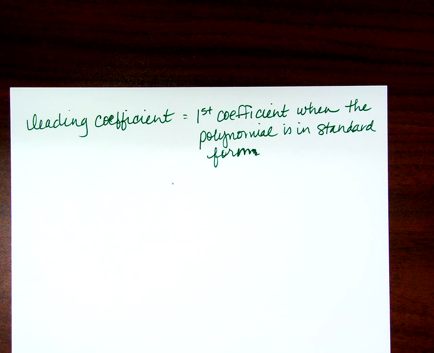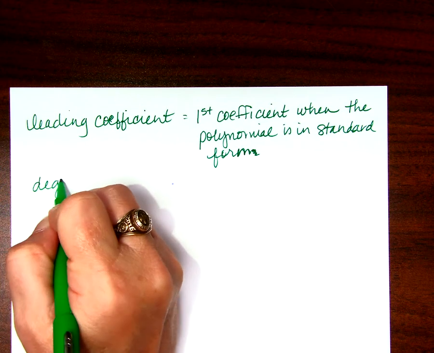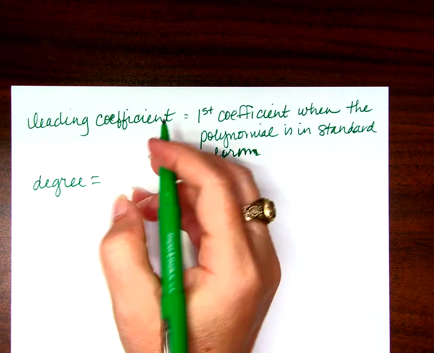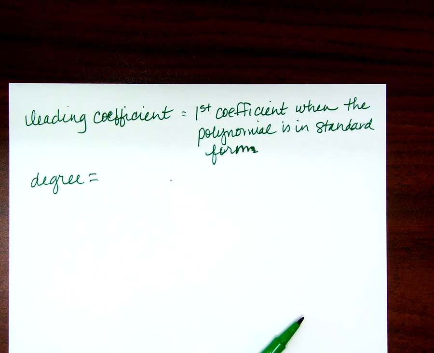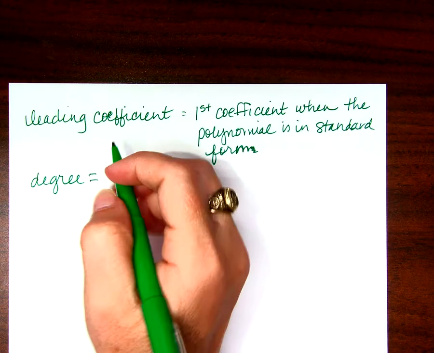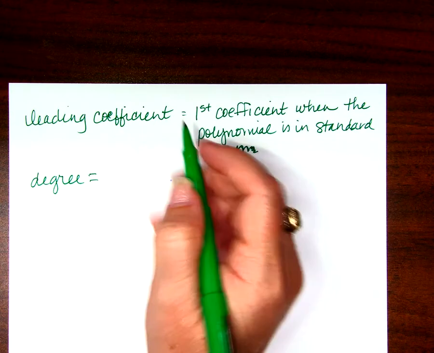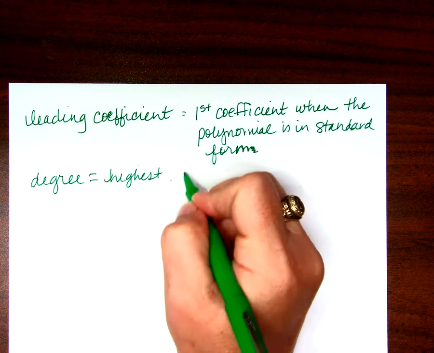Okay. Another vocabulary word I need you to know is degree. There's quite a few definitions of the word degree, even in math, okay? But the degree that we're talking about in this particular situation when we're talking about polynomials is the highest exponent.